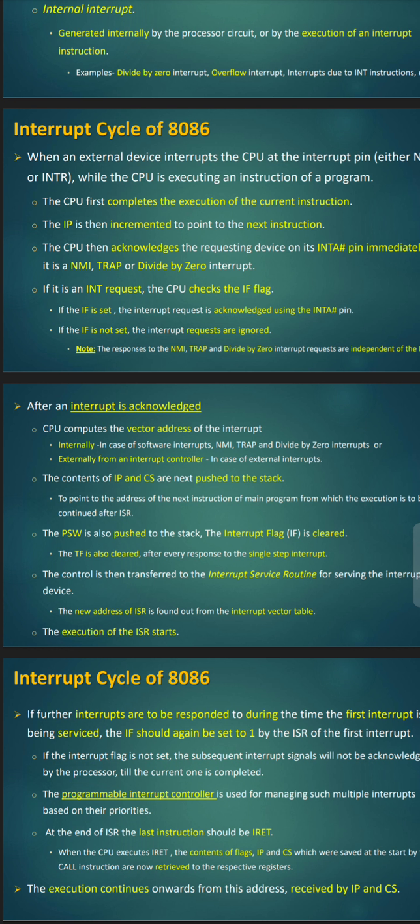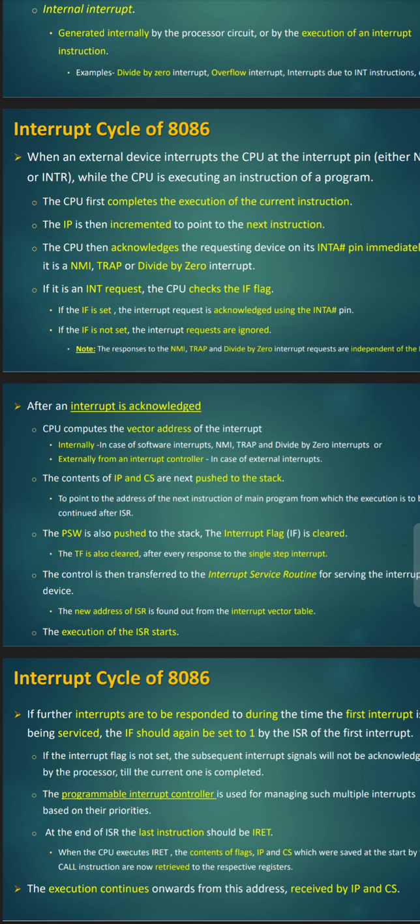That is, after calculating the vector address, the IP and CS are pushed to the stack. And also the processor status word, the current execution status of the particular operation, is stored in the processor status word. It is also pushed to the stack, and the interrupt flag is cleared after the acknowledgement.